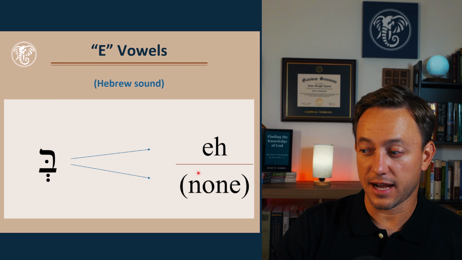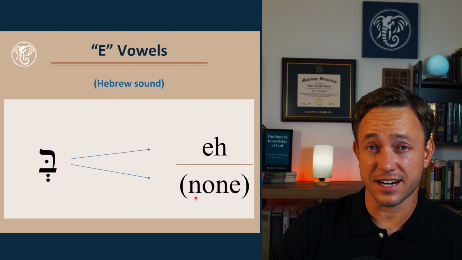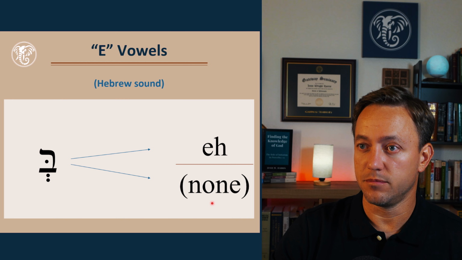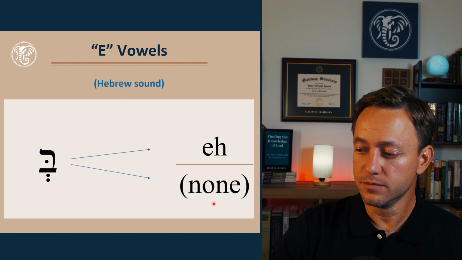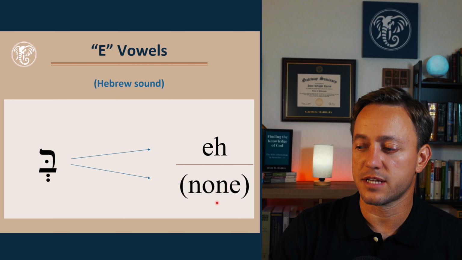The primary sense of the Shva is that there is no sound, that it's actually silent. The word Shva actually means to be empty, or even futile. So it literally means empty, no sound.